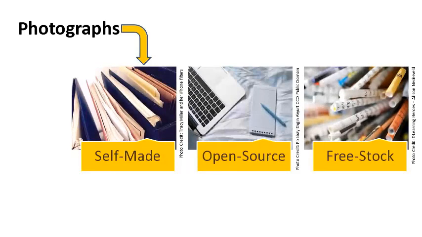And now in the world that we live in, we can all become brilliant photographers and easily create some of our own imagery. So I want to talk about a few different ways that we can create photographs or find photographs that we can put into our courses. The first one is self-made. I've added photo credits to the side of all of these images.